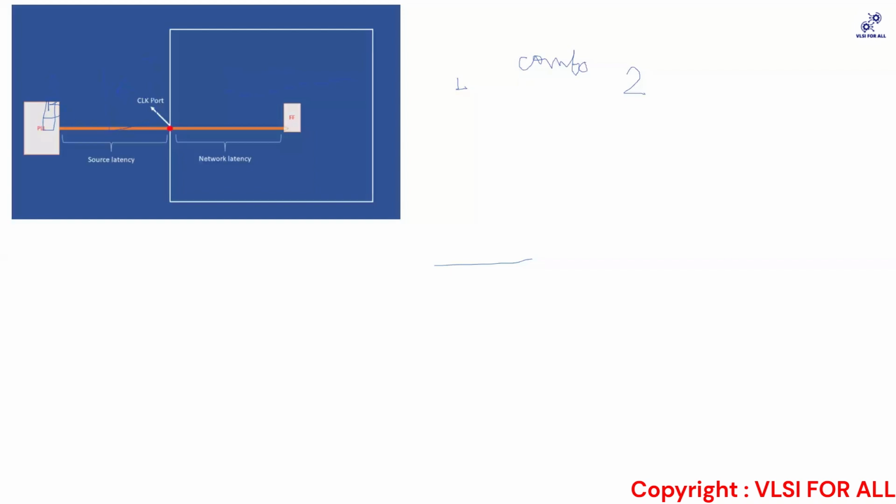Let's say you're working on one unit called the camera unit. There is a possibility that the logic which generates your clock, either through a PLL or crystal oscillators, whatever it is, the block which you're working upon has the clock generating circuit.